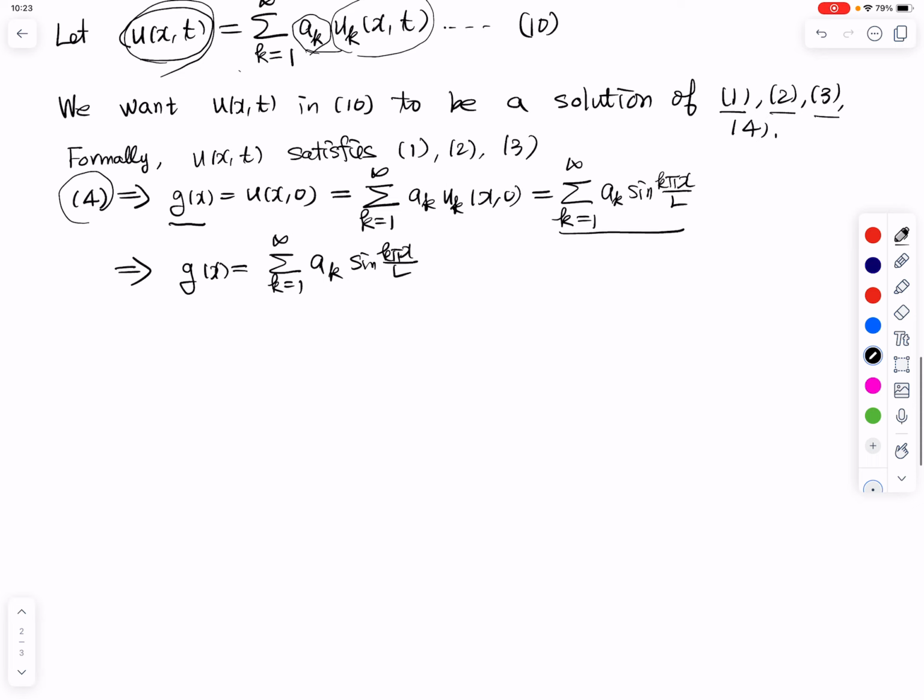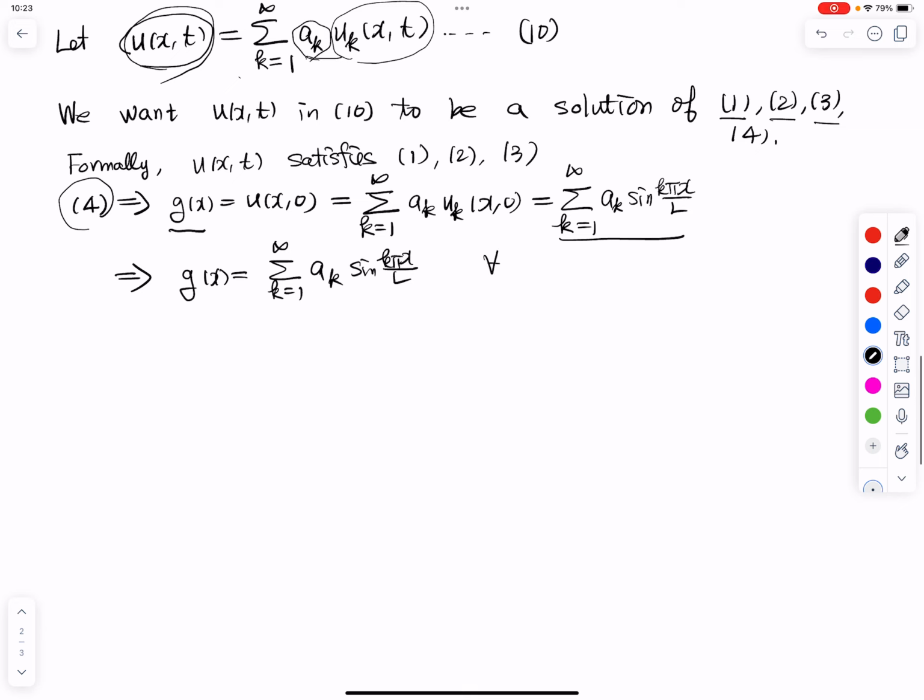So this should be true for all x between 0 and L. Okay, so we assume that g is continuous. Okay, so this is given. g is a continuous function.